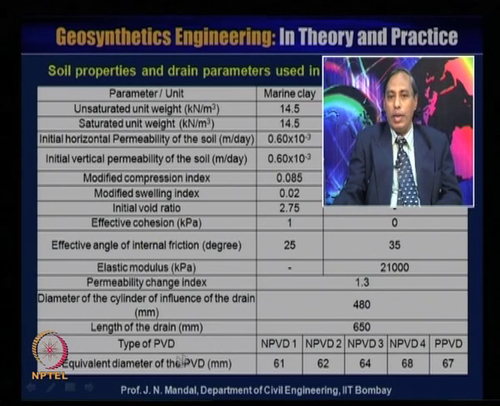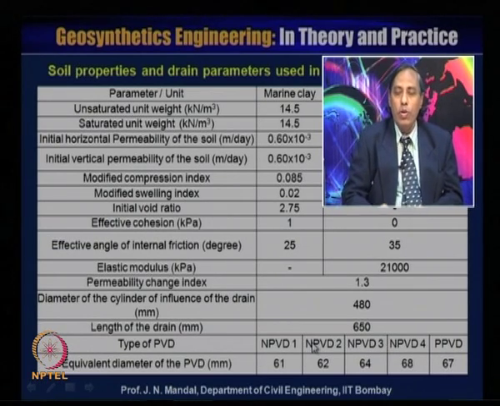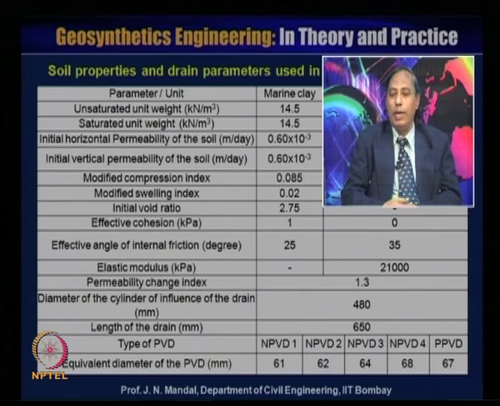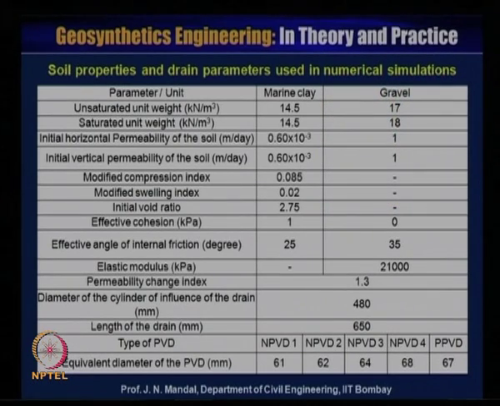So, the equivalent diameter, this I was trying to tell you: the equivalent diameter of PVD for natural prefabricated vertical drain 1 is 61, natural prefabricated vertical drain 2 is 62, natural prefabricated vertical drain 3 is 64, natural prefabricated vertical drain 4 is 68, and polyester prefabricated vertical drain is 67. So, this is important, how you can calculate the equivalent diameter, that is d_e.